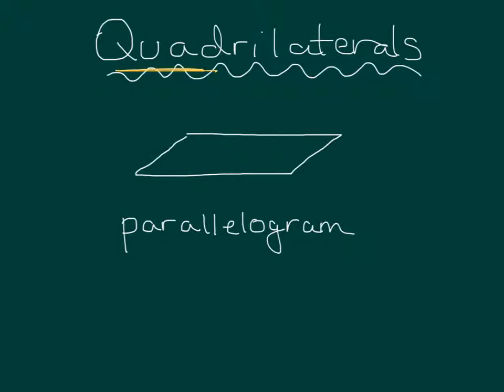In this shape that I drew, this side is parallel with this side, and they're the same length. And this side is parallel with this side. It might be easy to remember because parallelogram has parallel inside of it. So a parallelogram is a quadrilateral with opposite sides that are parallel and equal in length.